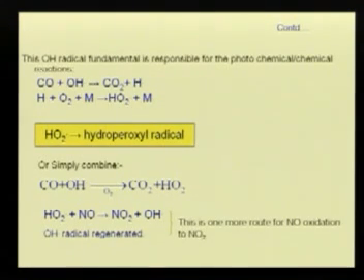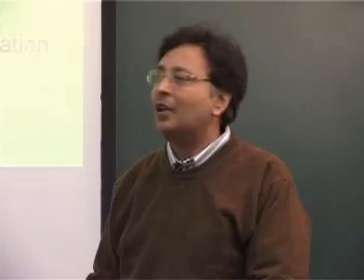Now the interesting part is you can summarize these two equations in a simple form: CO plus OH radical, with plenty of oxygen, gives CO2 and HO2. This HO2 is hugely capable of oxidizing your NO to NO2.